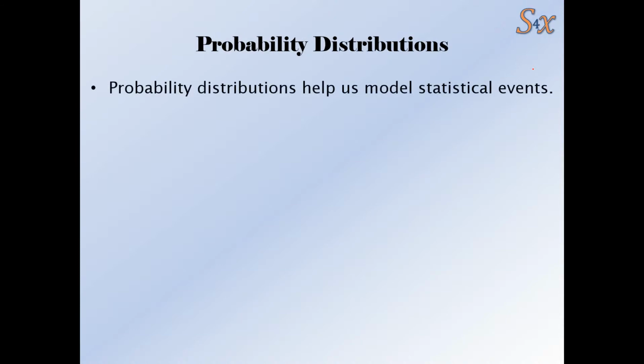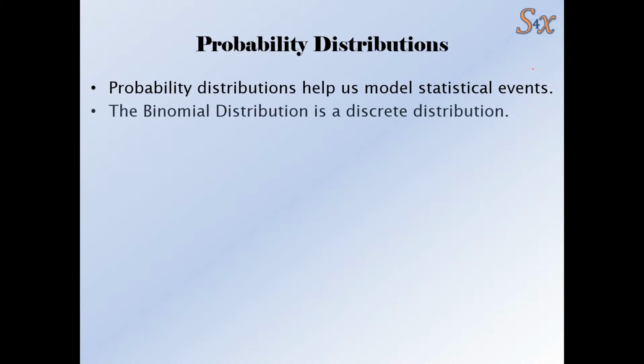Okay, so probability distributions. They help us model statistical events. All these types of events we've been looking at in tree diagrams and things like that, we can normally use a distribution to help us figure out what the probabilities are. Now the binomial distribution is a discrete distribution.